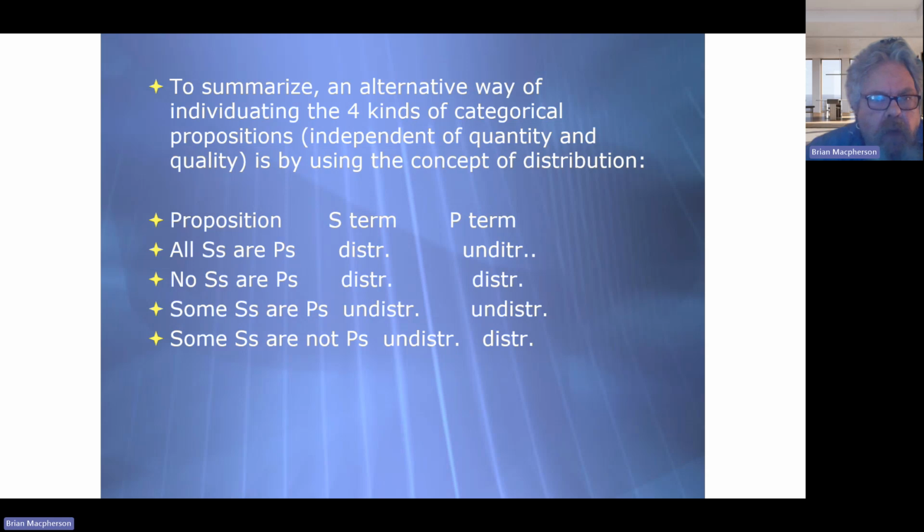All S's are P's: I'm talking about all S's, but not all P's. No S's are P's: all S's, all P's. Some S's are P's: only some S's, only some P's. Some S's are not P's: some S's, but all P's. This is an important concept, and the reason we need to know it is because it occurs in two of the rules for assessing categorical syllogisms.